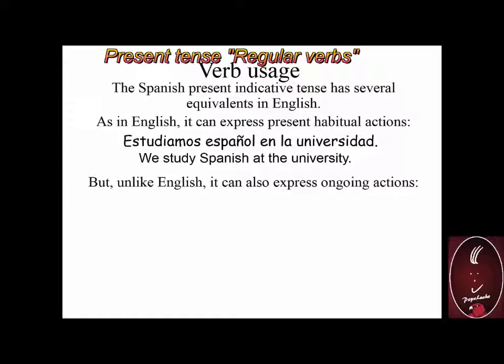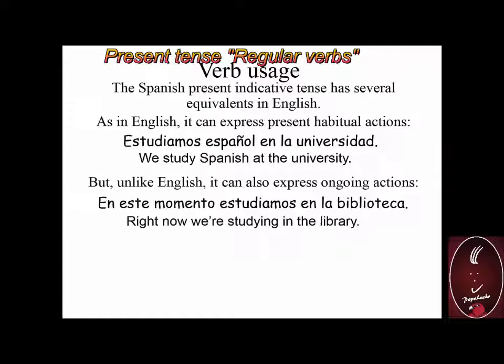But unlike English, it can also express ongoing actions. En este momento, estudiamos en la biblioteca. In this case, English can use the present progressive, the verb to be plus ing. The ing is the present participle of the main verb.